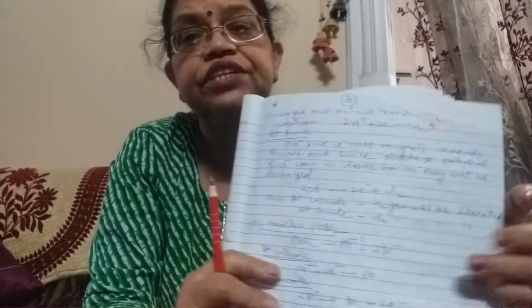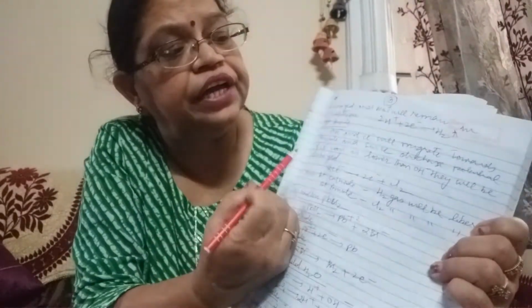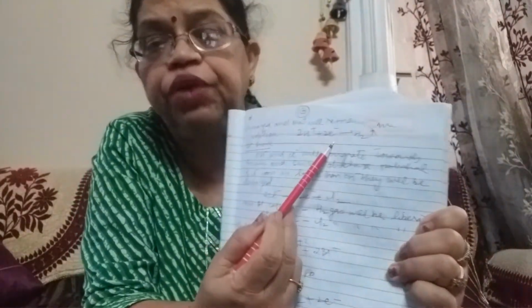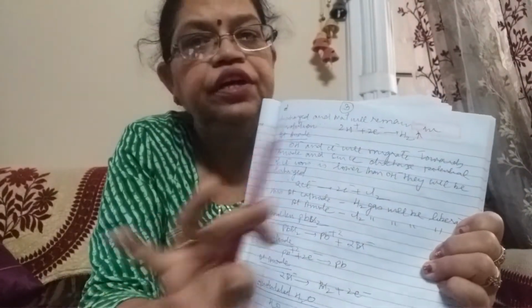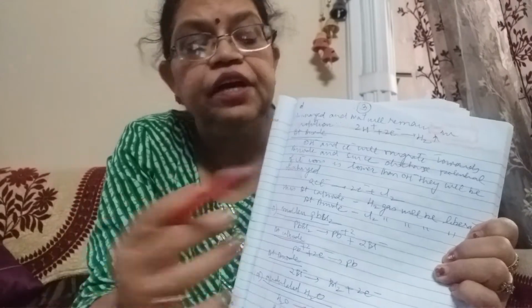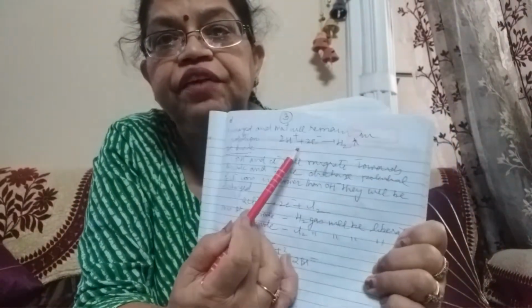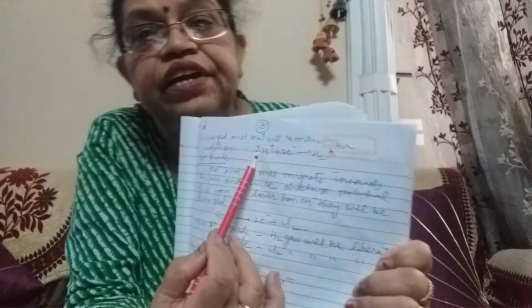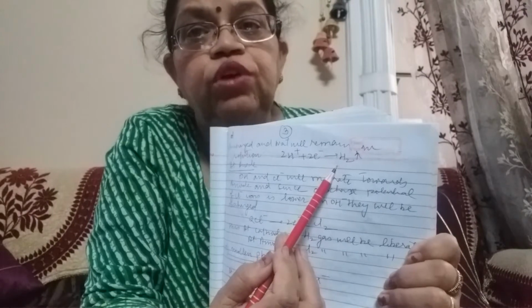Since the discharge potential of hydrogen ions is less than that of sodium ions, sodium ions will remain in the solution, they will not get discharged, but the hydrogen ions will gain 2 electrons and change into hydrogen gas. Whereas with molten sodium chloride, sodium was produced at the cathode, in this case hydrogen gas is produced at the cathode.